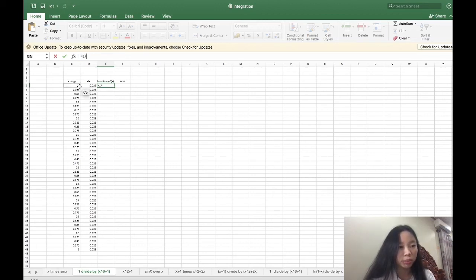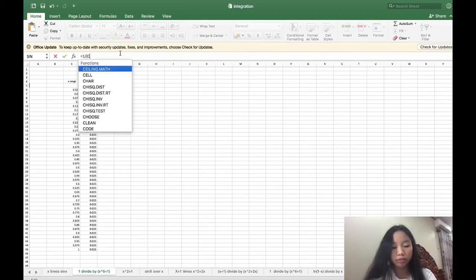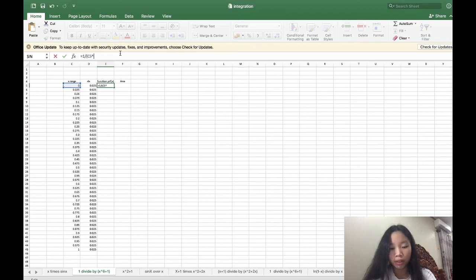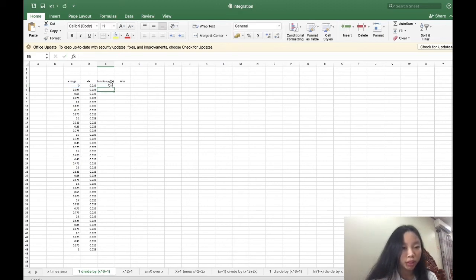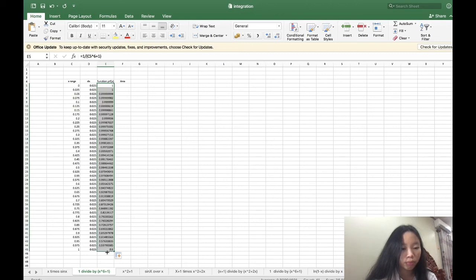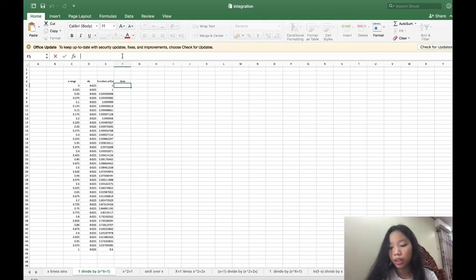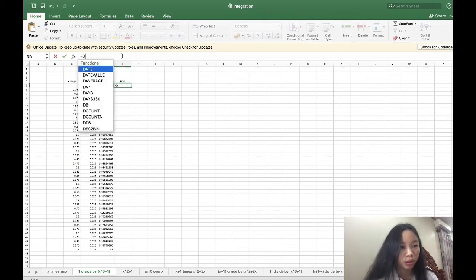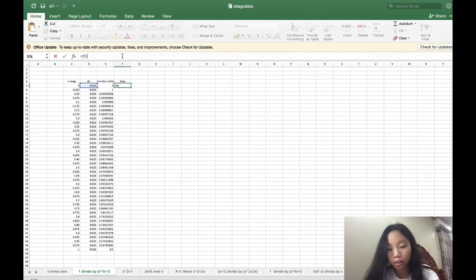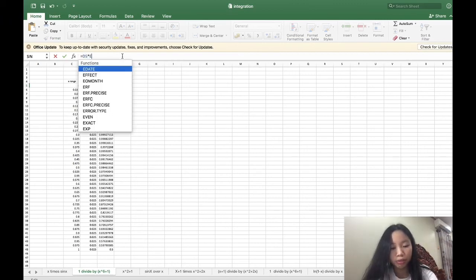X is this one, C5, to the power of 6 plus 1. Drag this down, and the area is the multiplication of these two, equals D5 times E5.